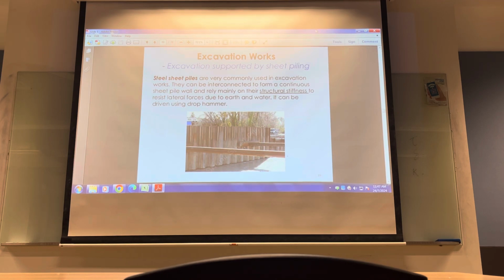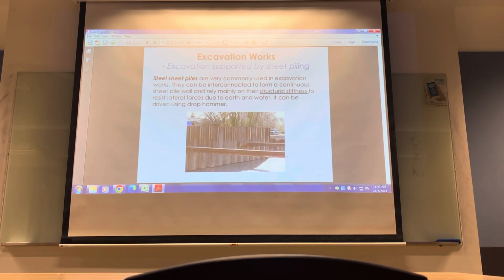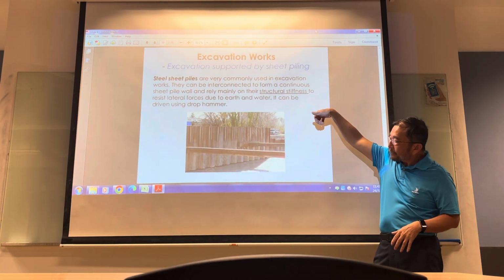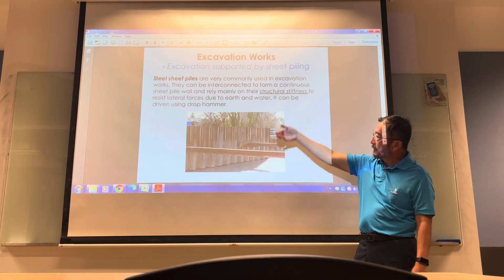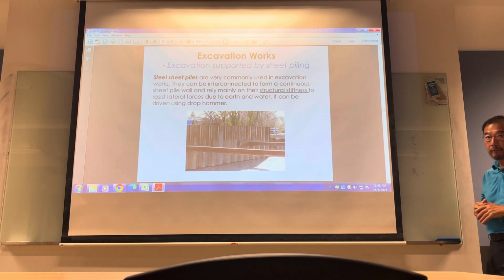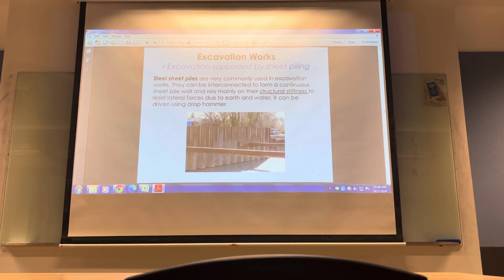Retention system, simplest one is sheet pile. Sheet pile is a piece of metal corrugated in shape that is installed into the ground and forms a vertical restraint. You excavate inside the sheet pile cover dam, remove the soil, and these sheet pile will retain the soil outside so that you can create a void in the ground for your basement construction.